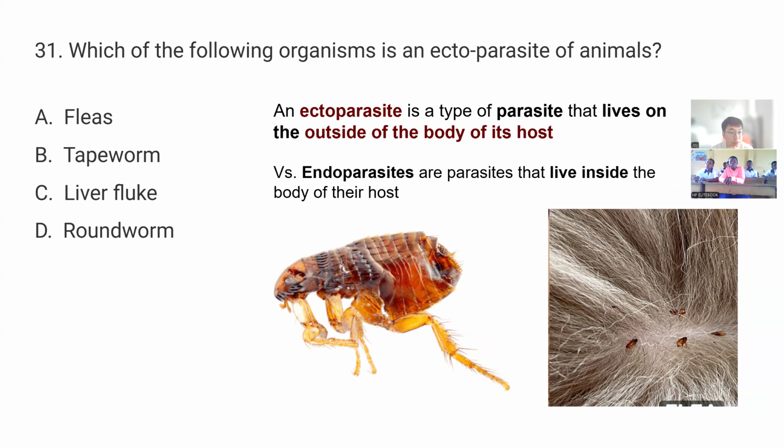So this next question, which of the following organisms is an ectoparasite of animals? An ectoparasite is a type of parasite that lives on the outside of the body of its host, versus an endoparasite, which is a parasite that lives inside the body of its host.